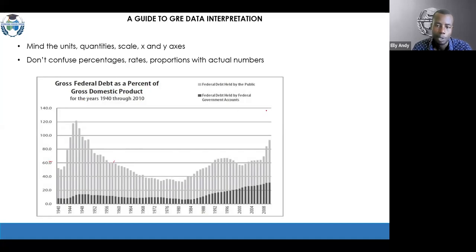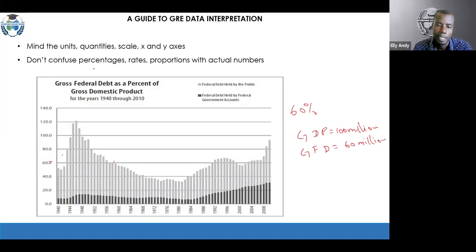So, just a note here, if we have the percentage as 60%, then it means for that year, if the gross domestic product, that is the GDP, was 100 million, then the gross federal debt would be 60% of that, and that would be 60 million.